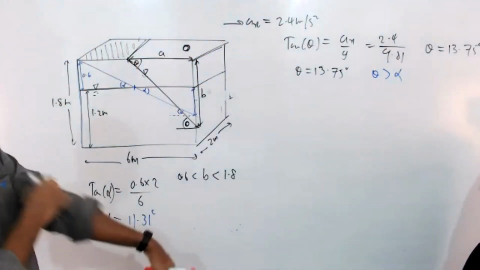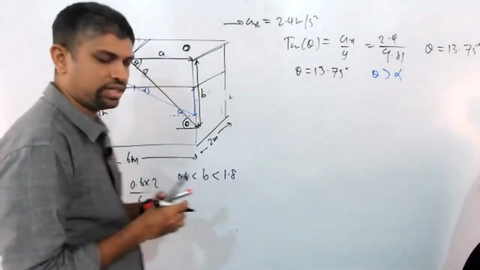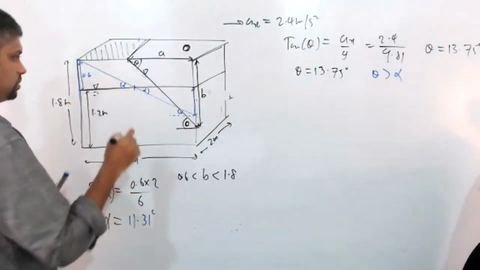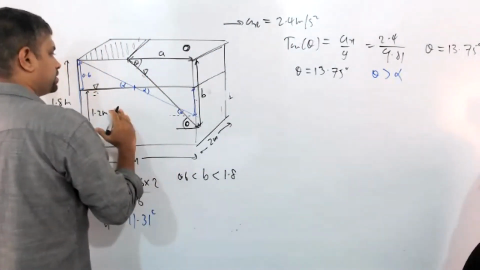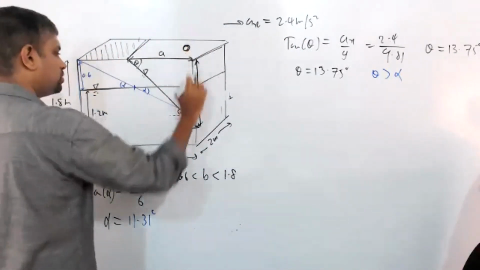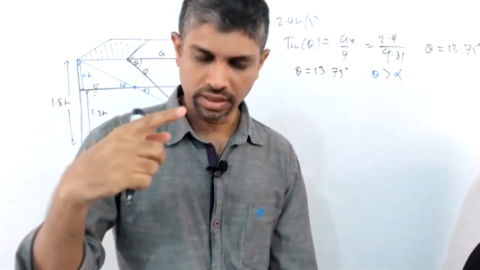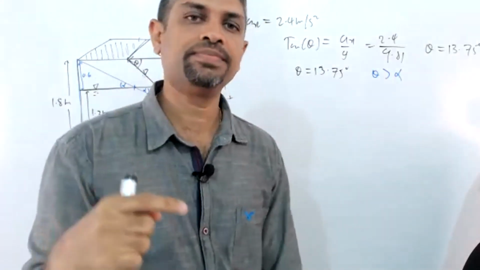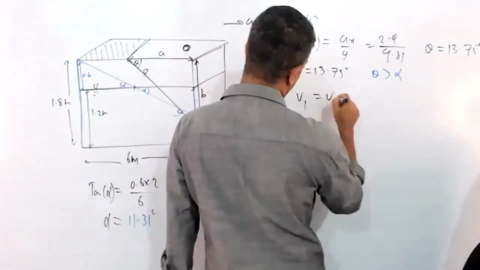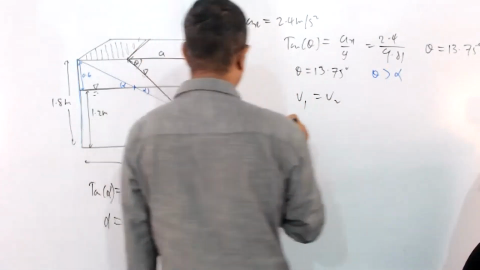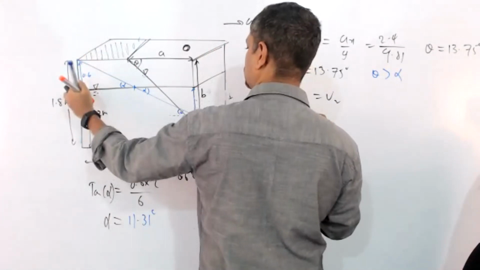So the thing is that as far as the volume is concerned, we can equate volumes. Actually, in most cases, it is easy to equate the free spaces. The original free space is equal to the new free space, the space within the container. So the initial free space is 0.6 into 6.